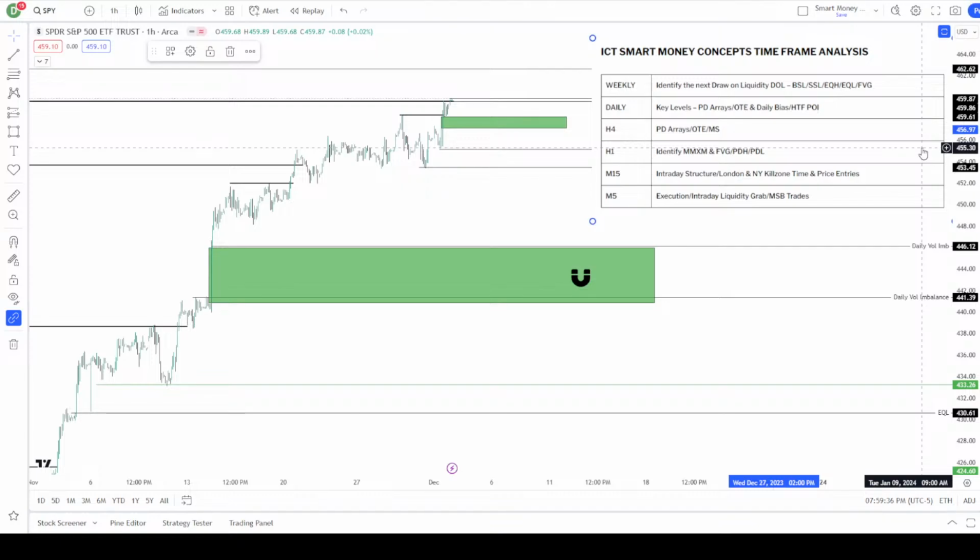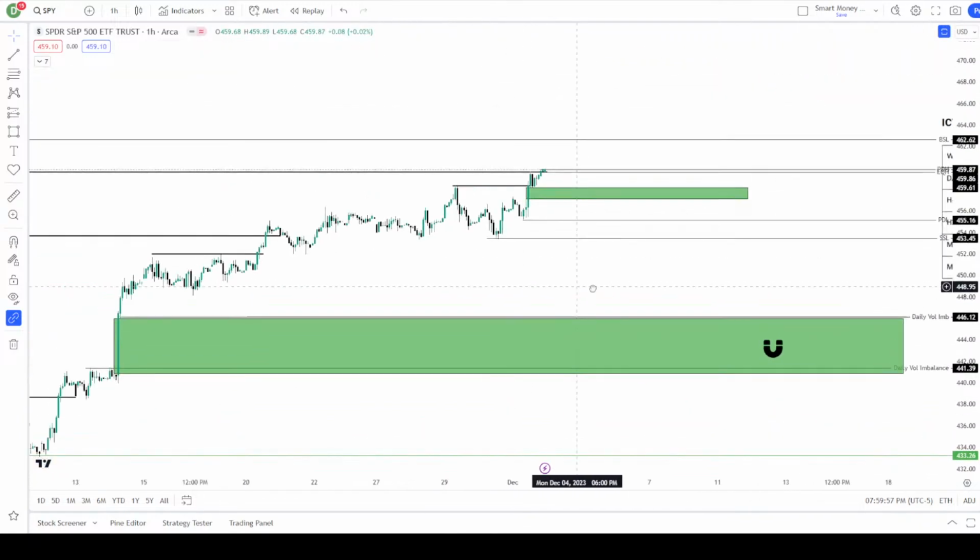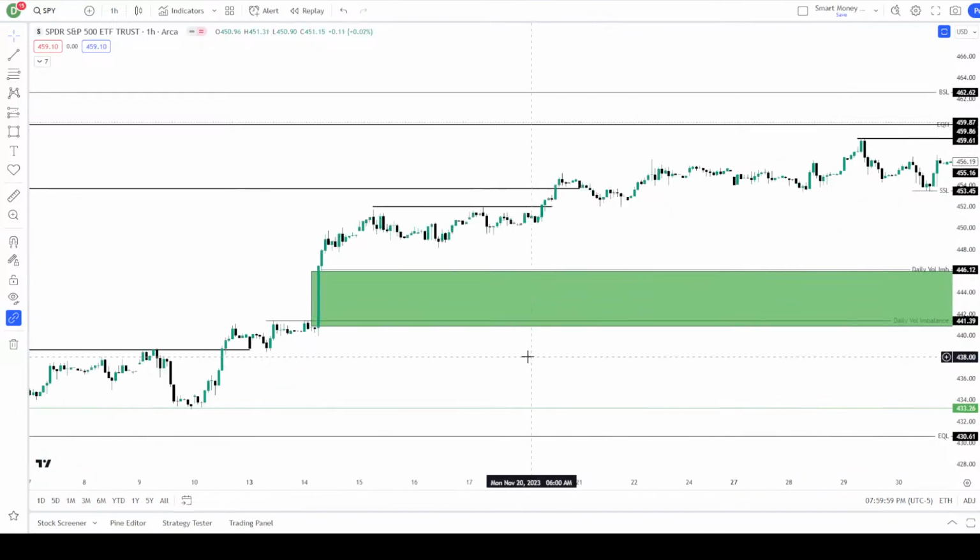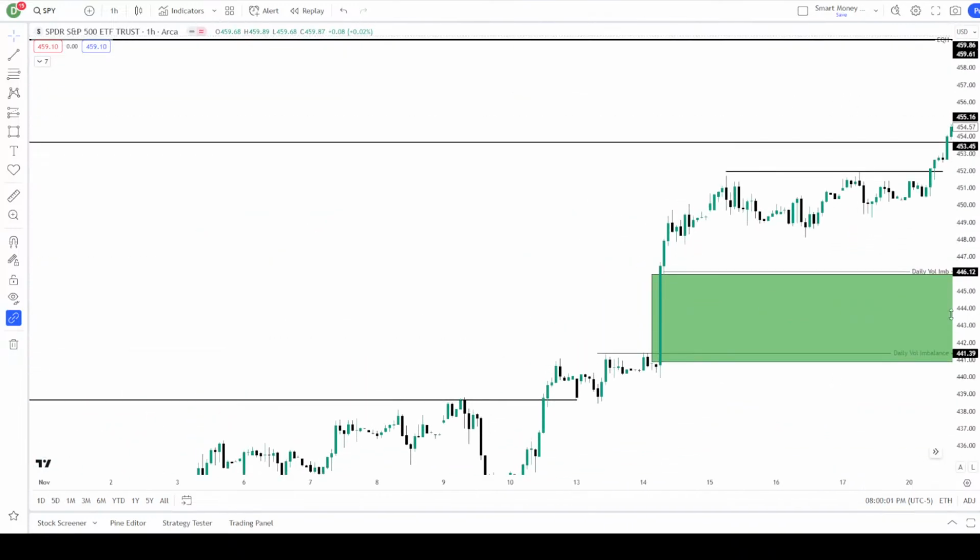Prometheus, more on the meaning of fair value gap. Fair value gaps are where price is inefficiently delivered and there leaves an imbalance. The market is meant to be balanced. The market algorithm is meant to balance price. And so when you see price rapidly deliver in one direction, I'm going to use this one right here as an example.